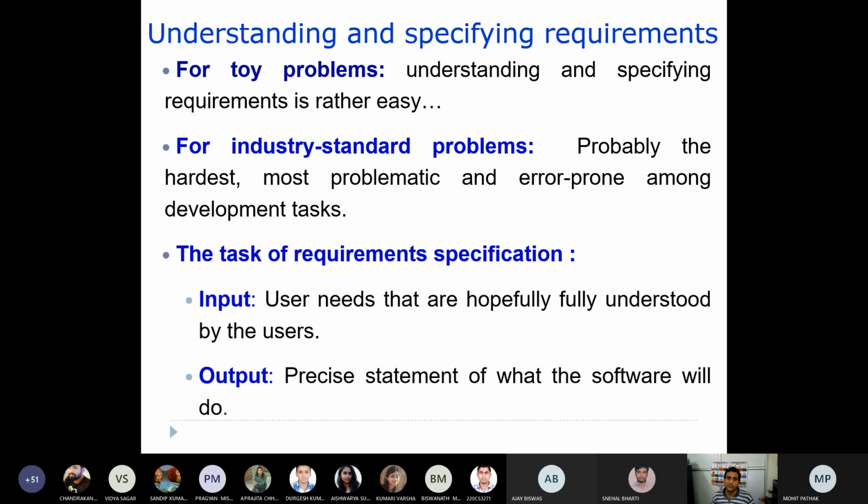But if it is an industry standard problem, a very large problem which requires the intervention of a development company, then it is a very hard task. It is the most problematic, and sometimes it leaves many errors.